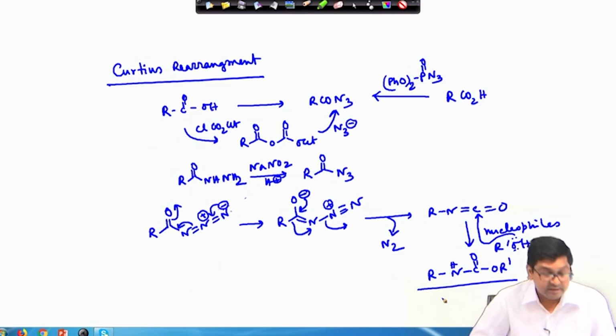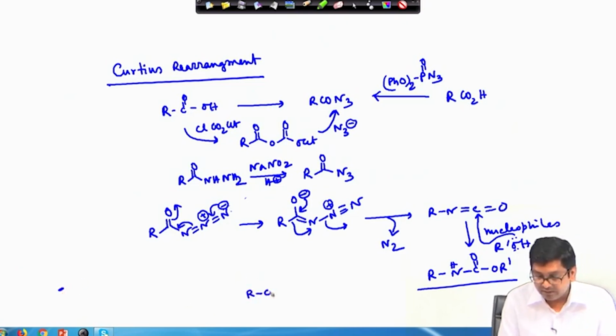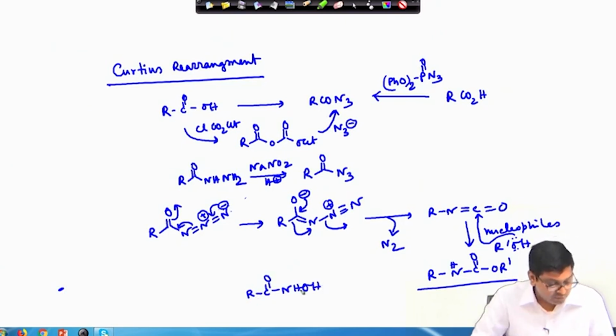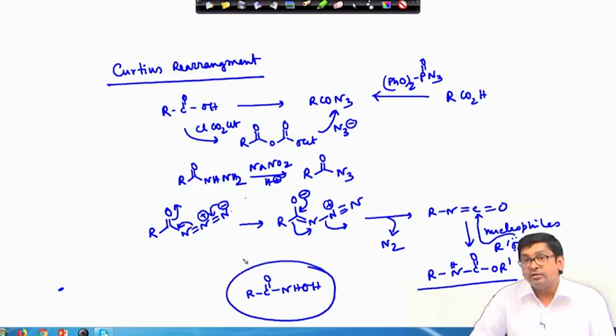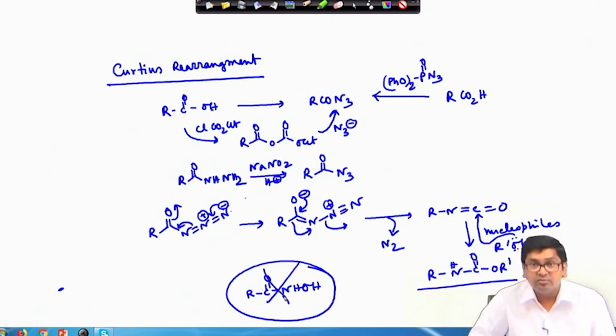Number two, if the reaction was carried out in the presence of water, then there is no formation of this particular one, RCONH-OH. This also proves that this reaction is not forming a discrete nitrene species. So, this has not formed. This way you can prove that this 1,2 migration is happening in a concerted manner.